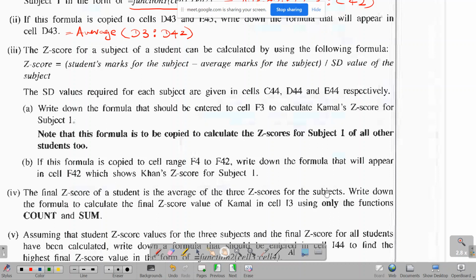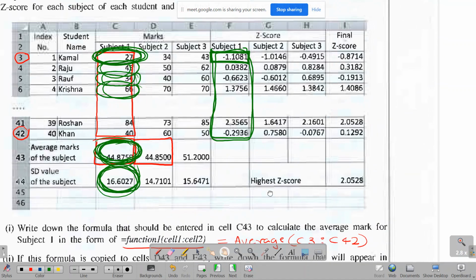Write down the formula to calculate the final Z score value of Kamal in cell I3 using only the functions count and sum. So it's something to think about, but not a very big thing.